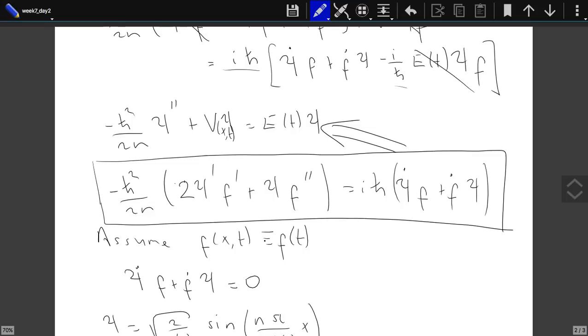So all its f prime drops, f double prime drops, the left-hand side drops. So it just doesn't seem to work, that assumption.